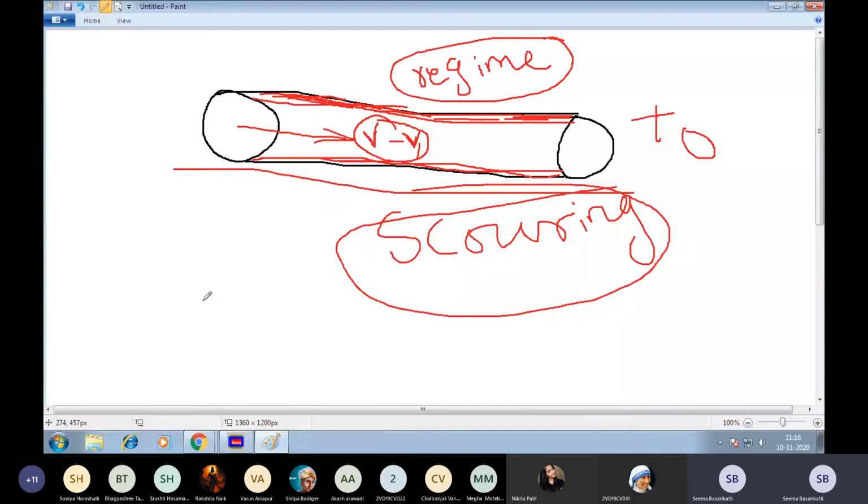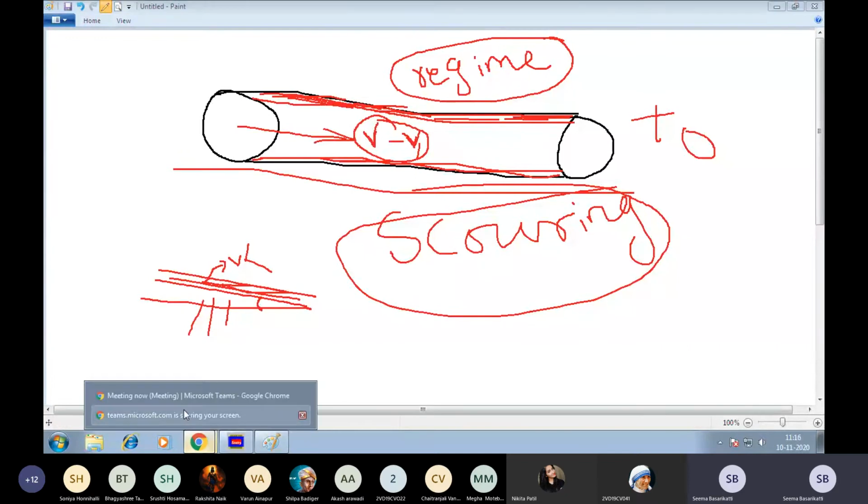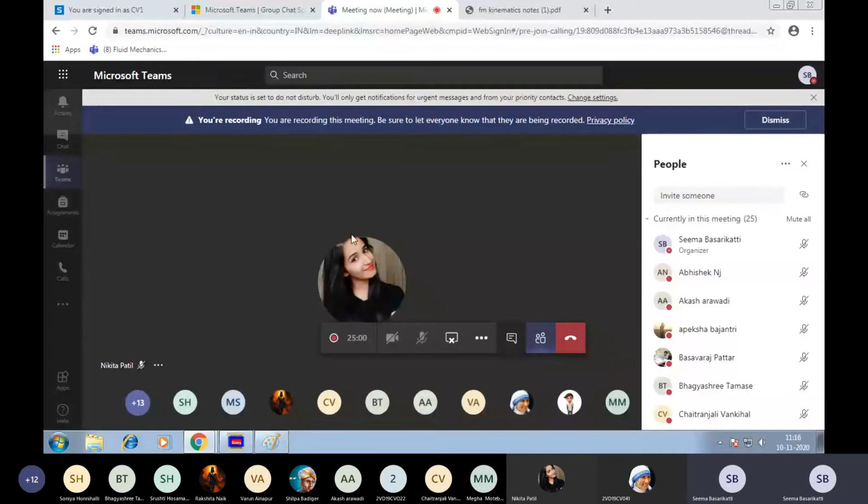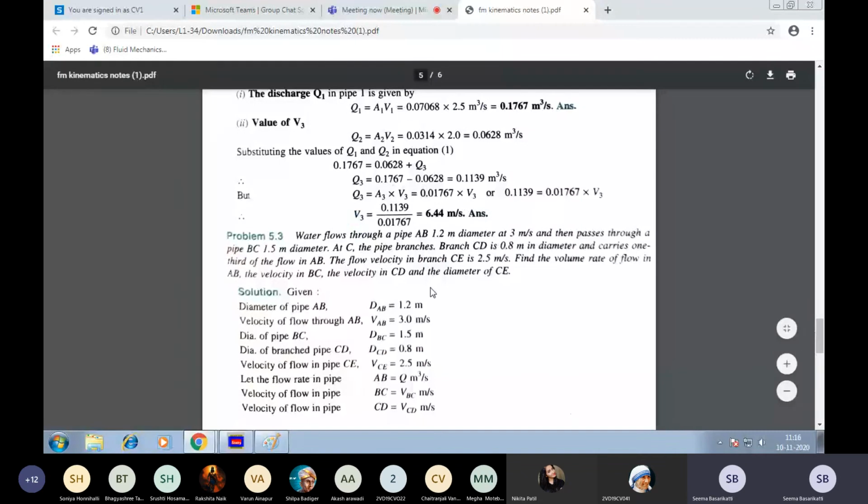Whenever you excavate, dig the ground, or lay the pipe, make sure you use the elevation in such a way that the velocity is in a regime condition, because the elevation of the ground can make the velocity increase or decrease. These concepts are related to the civil engineering field. The velocity plays a vital role here, so we are going to identify the velocity.